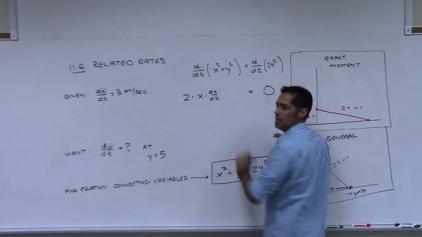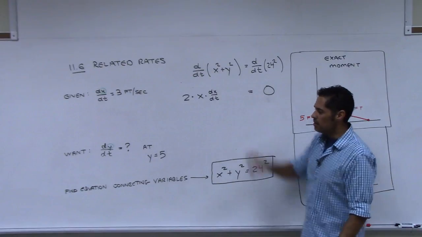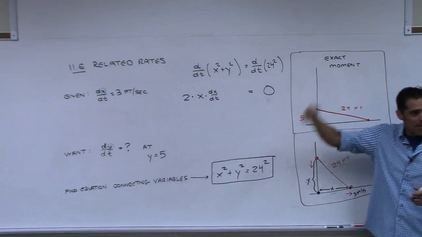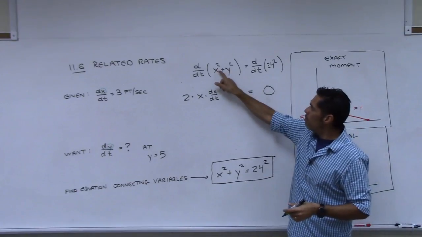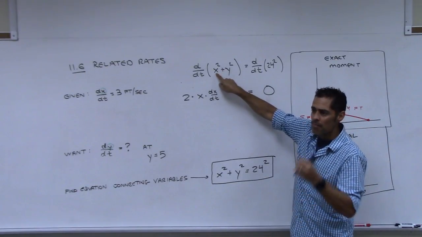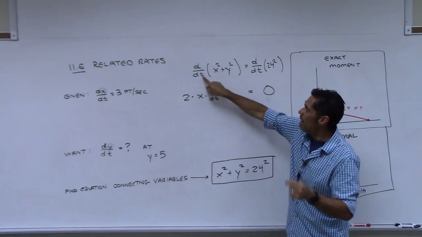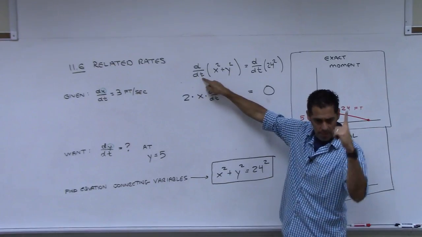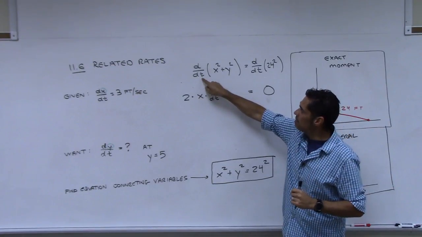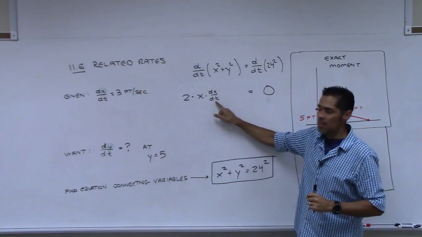It's not 1, it's dx/dt. Do y'all see what I'm doing there? 2 comes down, power comes down by 1, but then I take the derivative of x, but with respect to time. Had this been with respect to x, the answer would be 1. But it's with respect to time, so I have to put dx/dt.